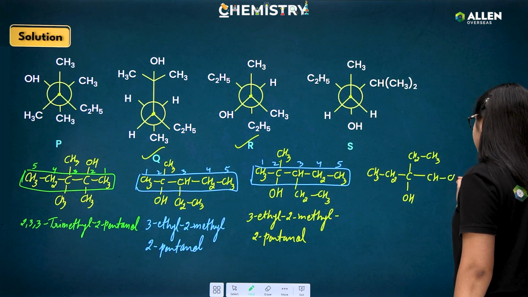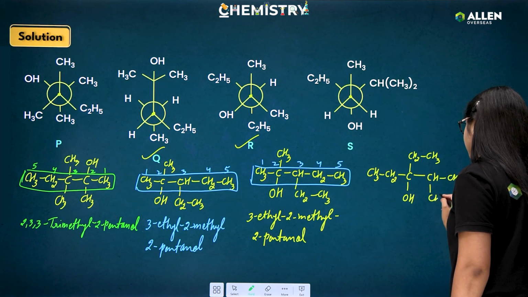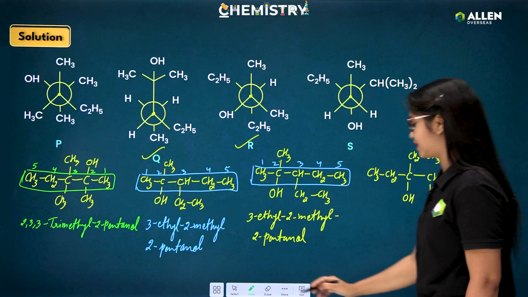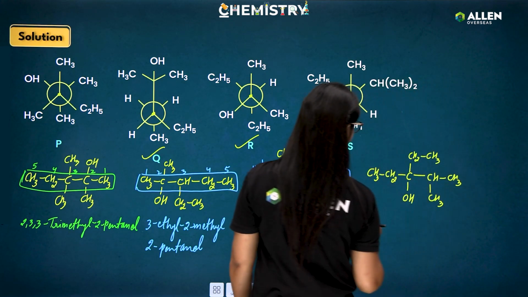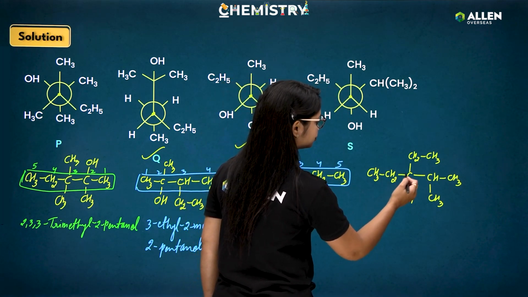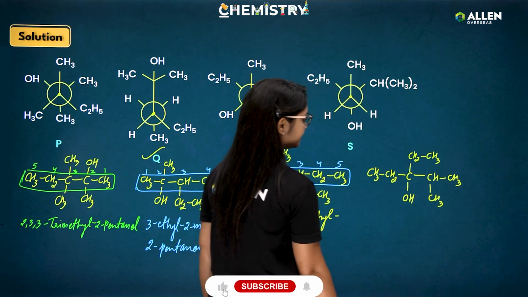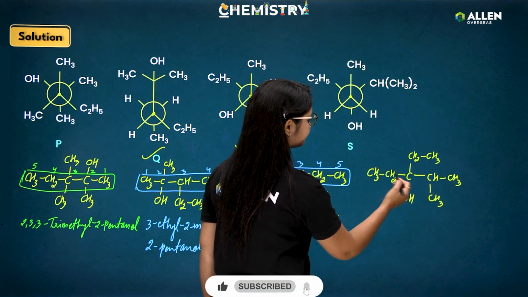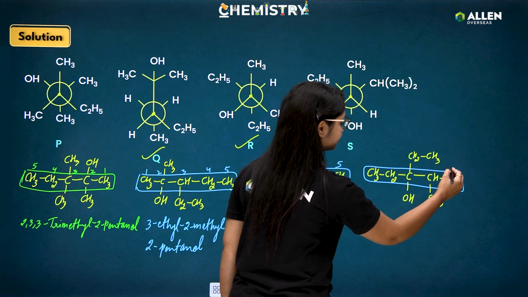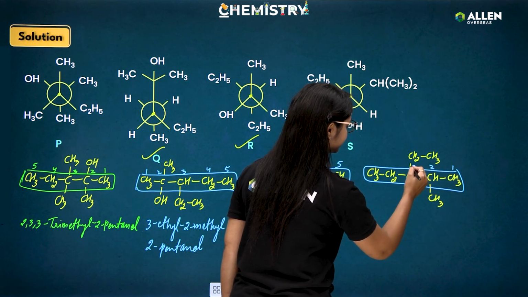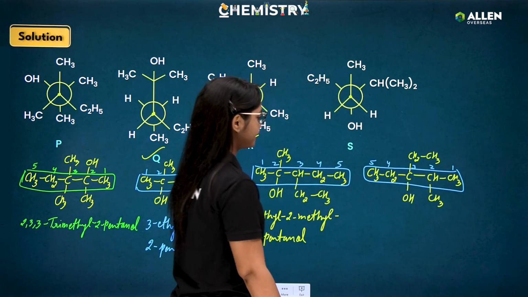So CH, CH3, CH3. This is the structure of last compound. Now let's see which chain we can select. Okay. So 1, 2, 3, 4, 5. If we start from this 1, 2, 3, 4, this chain will be main chain, and 1, 2, 3, 4, 5. This will be the numbering, right?